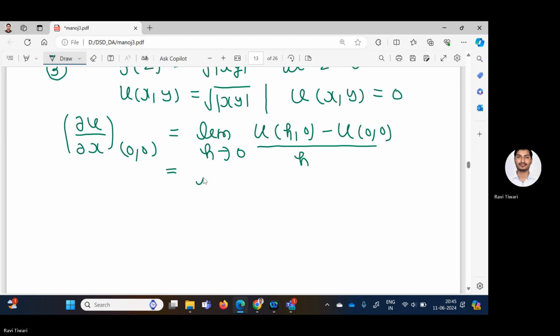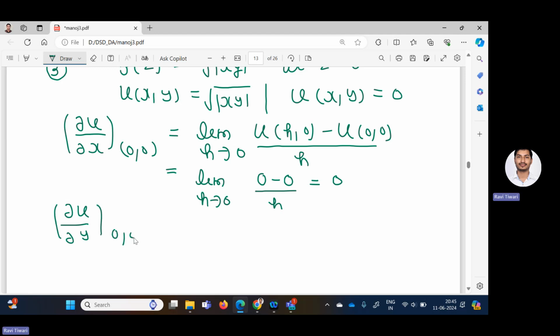So you will get limit h tends to 0 of u of h comma 0, because the x component is h and the y component is 0, so you will get 0. This is 0 by h, so this is 0. Similarly, dou u by dou y at 0 comma 0 is also 0.